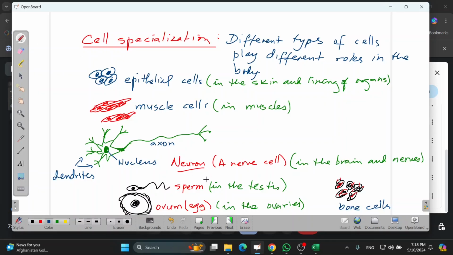Now there is something similar, a different concept, but kind of similar, which is called cell differentiation. Cell differentiation, however, guys, is not the same thing.